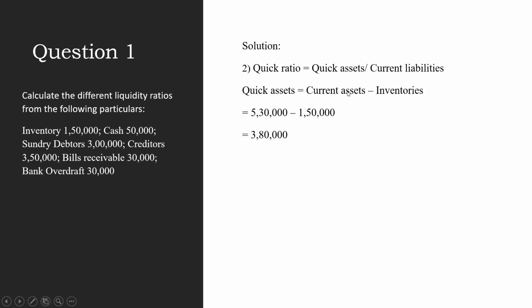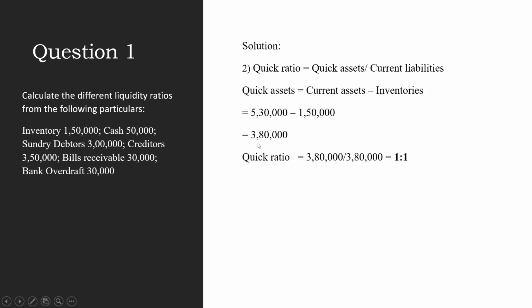So current assets minus inventories, that is quick assets, we already got, 3,80,000. Now current liabilities, how to calculate? Current liabilities we also already calculated in the previous question while calculating the current ratio, that was 3,80,000, right?